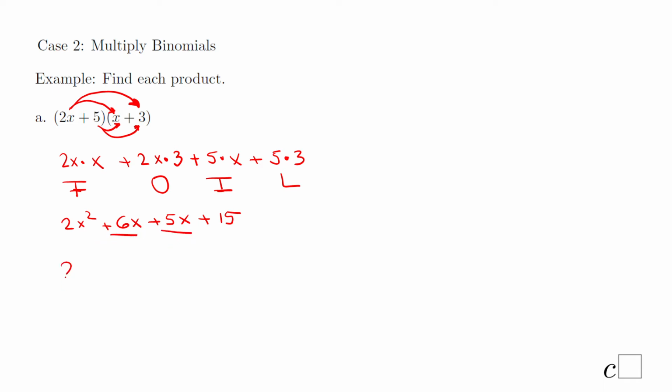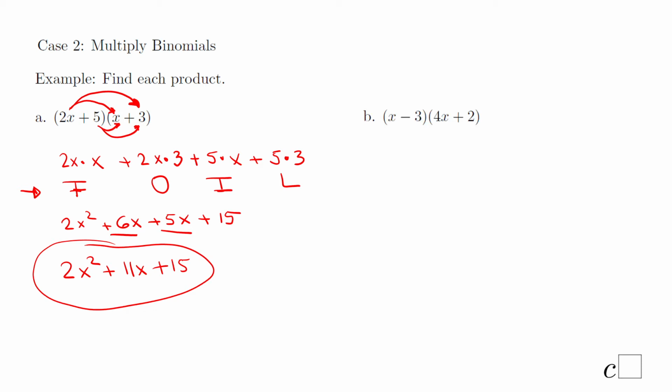So we have 2x squared plus 11x plus 15. This is the answer for A. And you notice I used what is called FOIL: first, outer, inner, last.